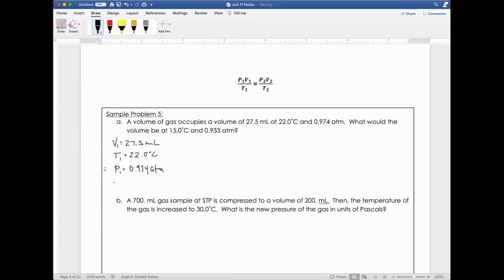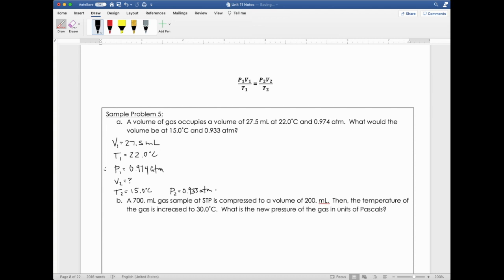What would be the volume? So volume's what we're trying to find at these new conditions of 15 degrees Celsius and a pressure of 0.933 atmospheres. Like I say, you don't have to write this out every time, but sometimes it helps students to write all the variables out as they go through.